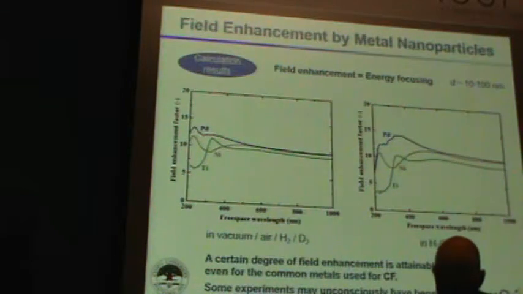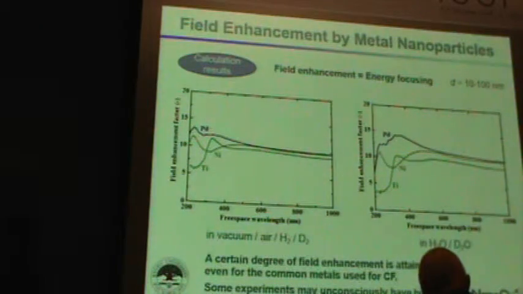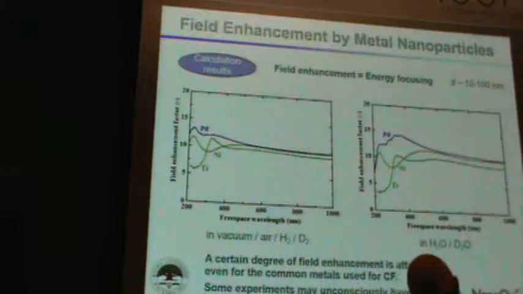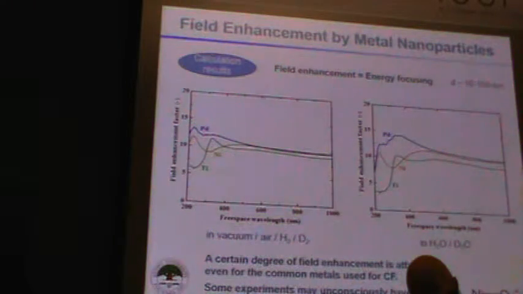And when we look at conventional metal elements such as platinum, nickel, and titanium, we also see an enhancement effect of around 10 times for both gas and liquid phase systems.